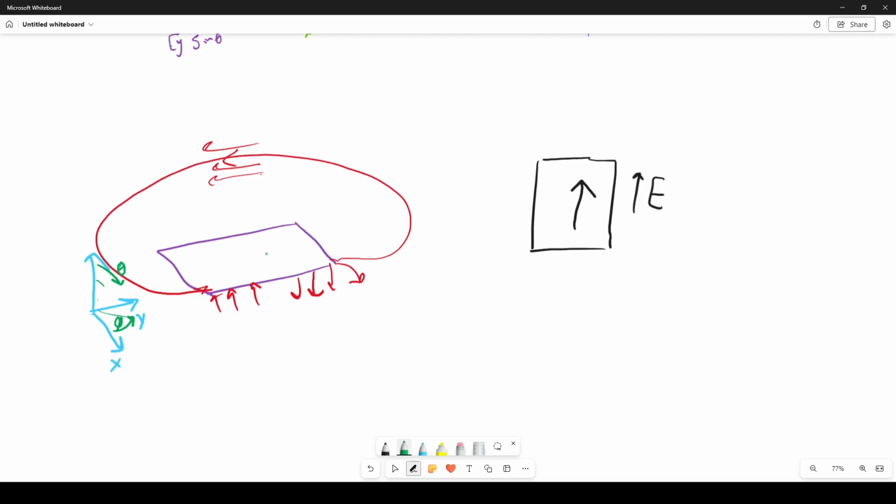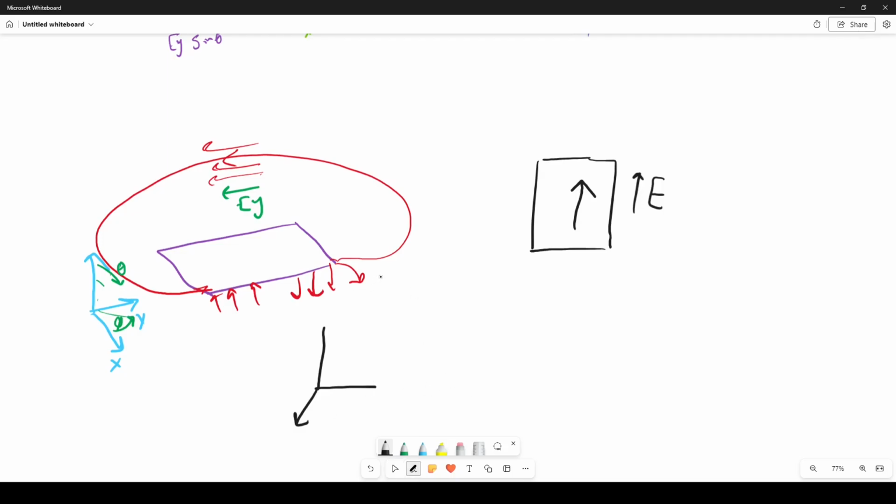In our example, the field is exactly Ey, right? But how is it for E theta and E phi? So this is the point: to know what to expect, look at the principal plane.